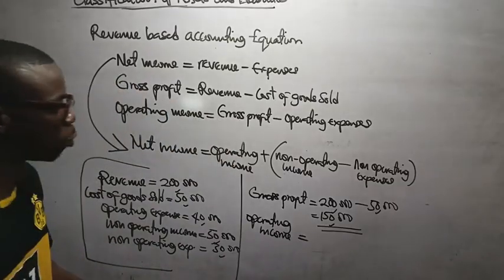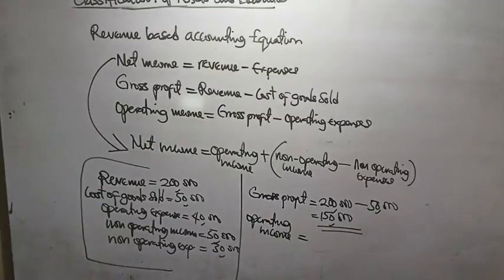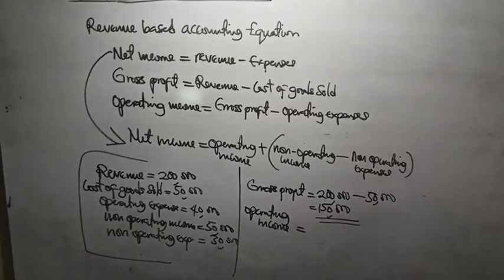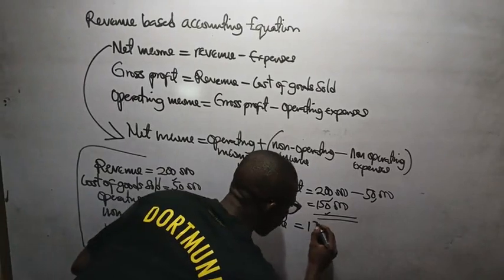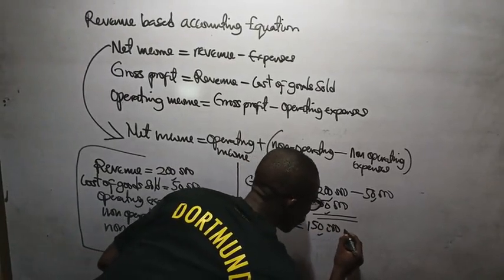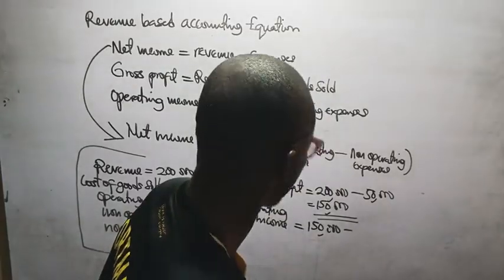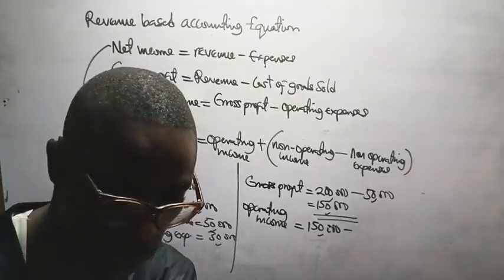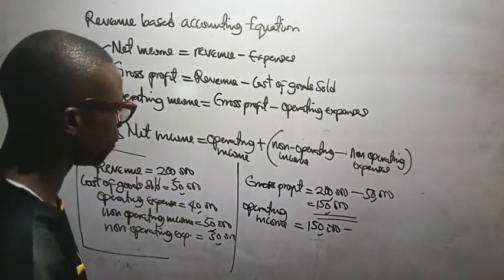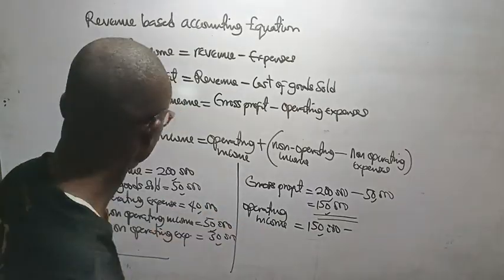So our operating income will be gross profit, which is 150,000, minus what?